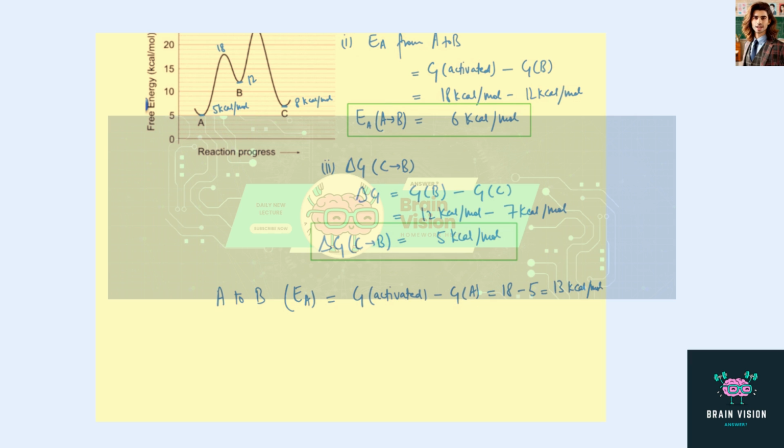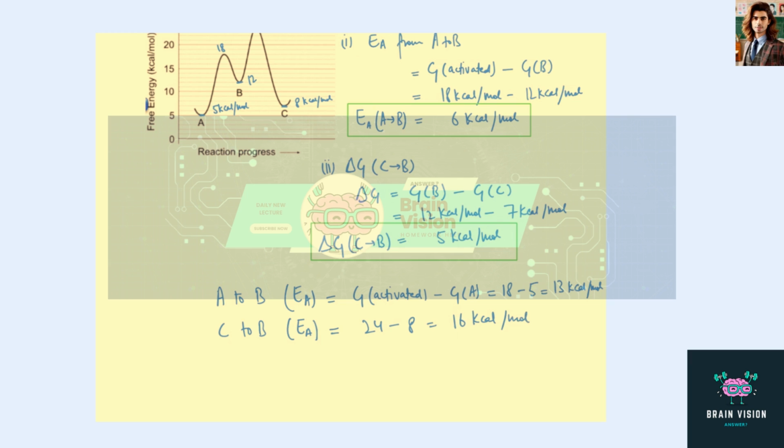And similarly for C to B, the activation energy will be 24 kilocalories minus 8 kilocalories, and that will be equal to 16 kilocalories per mole.